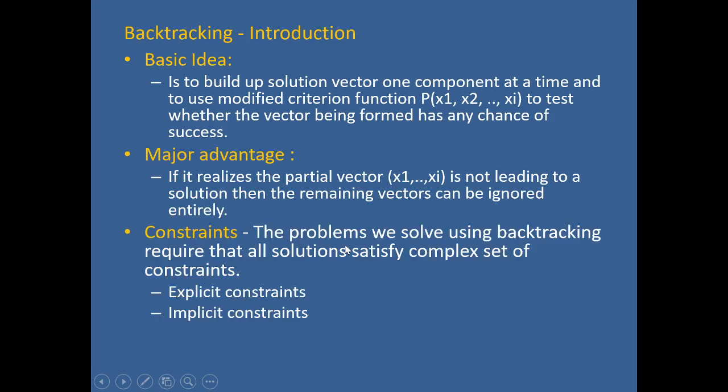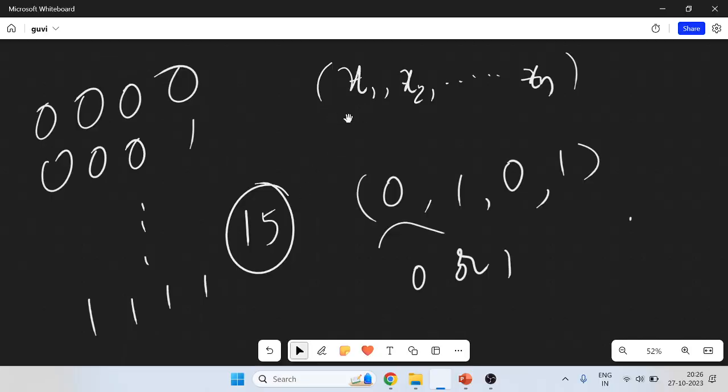So the main idea of backtracking is, we understood that the answer comes in the form of a tuple. At every step you will be deciding only one value, next value, next value, and so on.